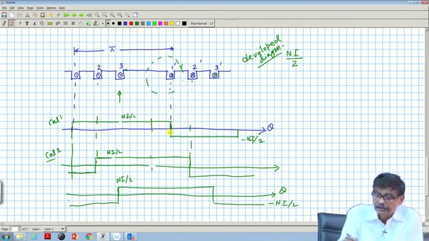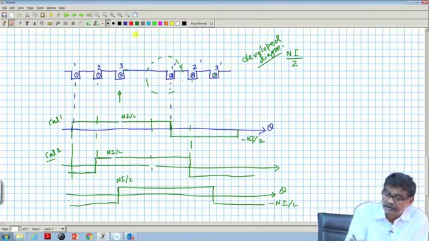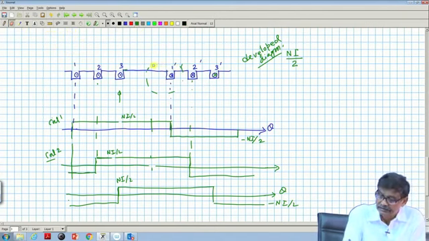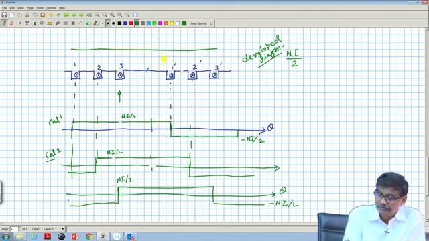Therefore, if I draw it with a red curve, because space is not here, anyway I can draw it here. So, the resultant field form with a red line if I sketch, suppose you also remove this dotted line. This is the axis. In this zone it will be 3 Ni by 2. So, the MMF distribution will be somewhat like this.